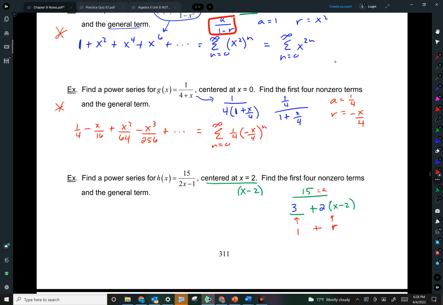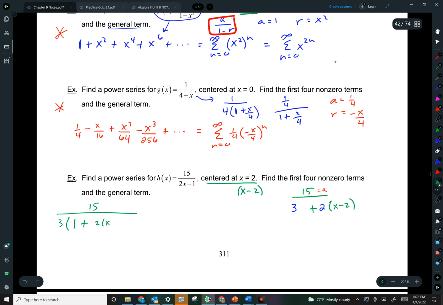Okay, but I don't want that to be a 3. I want it to be a 1. Well, how did I handle that up above? If I wanted that first term right here to be a 1, didn't we just factor that number out? So I'll leave the 15 on the top. In the denominator, I'm going to factor out a 3. Remember, factoring is just like dividing. So if I take the 3 out of the first 3, I have 1 plus, and if I take a 3 out of that second term, it's just like dividing.